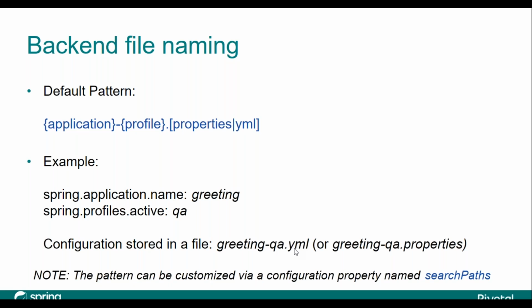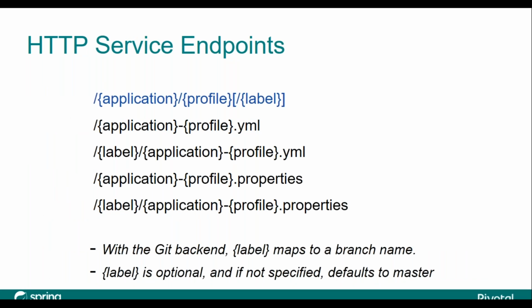Going further, I'd also like to highlight how the config server, if it is reading that particular information from the backend server, exposes the service endpoints. Here are a few examples listed for you.